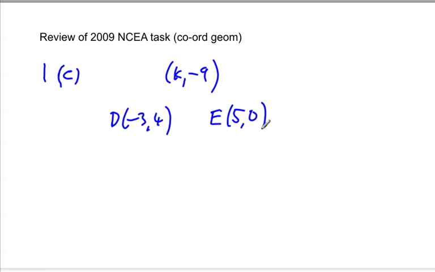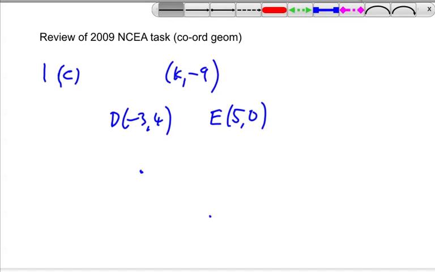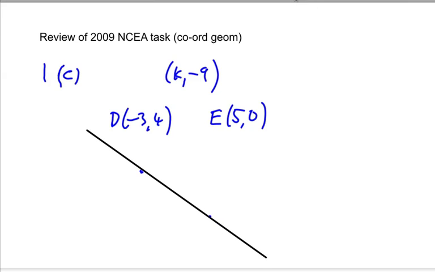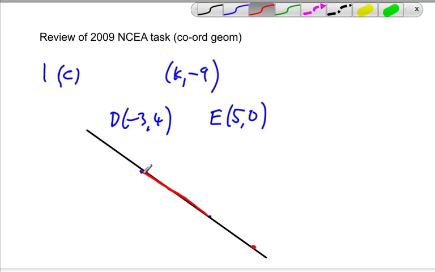Okay, so if we've got D here, (-3, 4), and E over here, and we put a line in down like this, near enough, then if (k, -9) is, say, here, and it's on the line, then the gradient of D to E, which we can calculate, must be the same gradient from there to there, or from there to there, if you see what I mean.